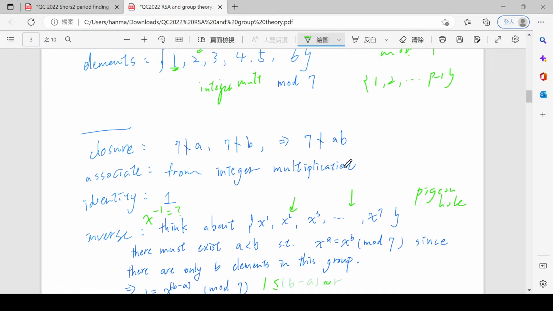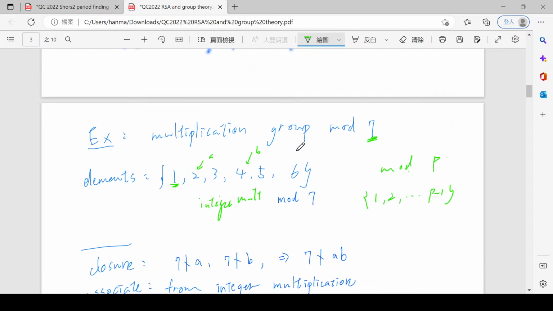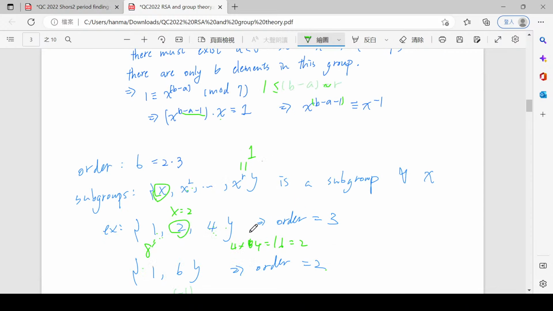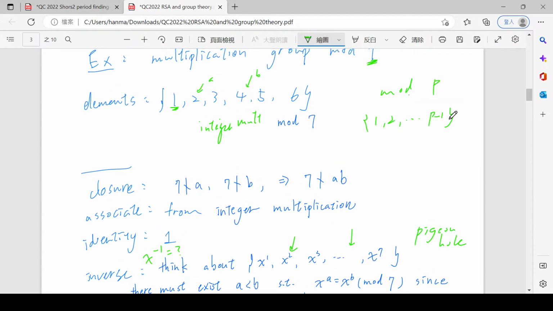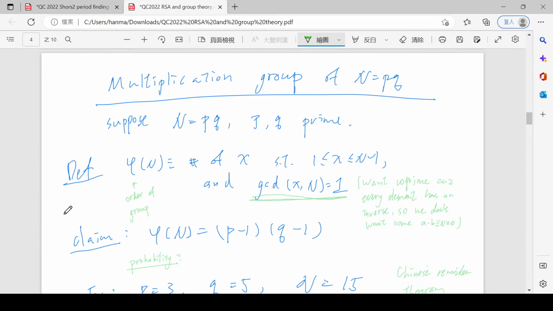Obviously, you can go through the same proof to see that they are a group, and obviously the order will be p minus 1, and you can find subgroups in this way. Yeah. So those are multiplication groups mod p.